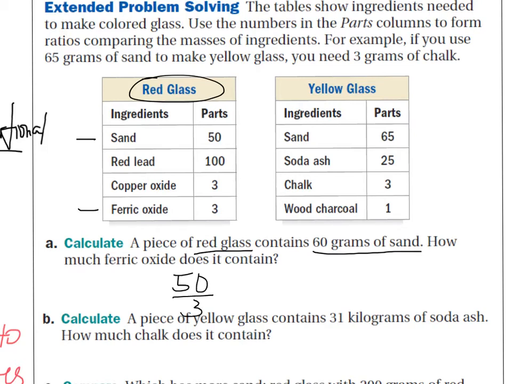I need to set that equal to 60 over x. The reason why the x is in the denominator is because 3 here refers to ferric oxide. I'll put FO. So x is also FO. Remember, you need to match up the ingredients. And in the numerator, it will be sand to sand.